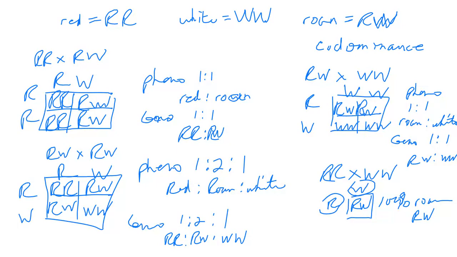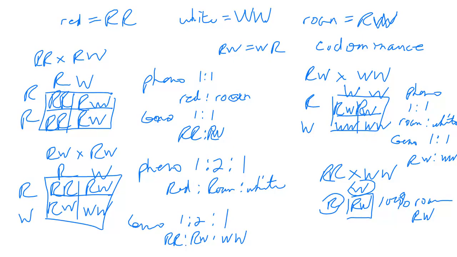Crystal, for the sake of consistency, so that we know, in reality RW equals WR. But just to be consistent, we're putting the red color first, the big R allele first, and then the big W allele after.